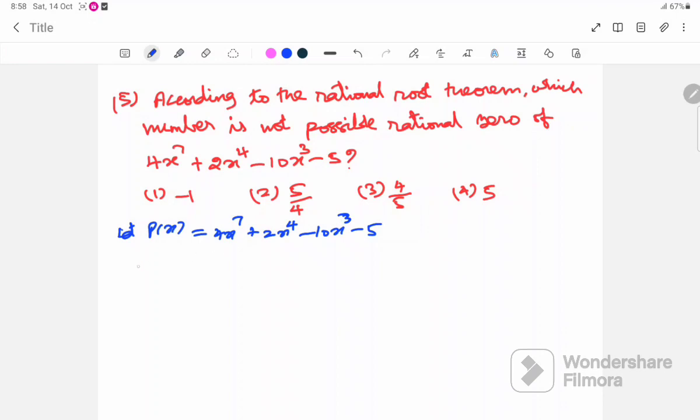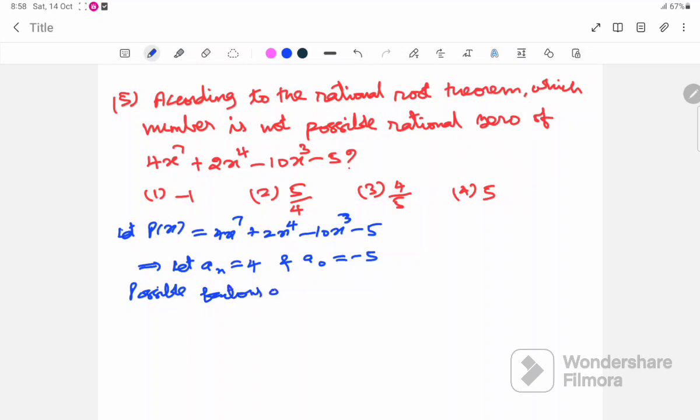The first coefficient can be treated as an, equal to 4, and the last coefficient can be taken as a0, it is minus 5. Now, we can find possible factors for the p by q form.